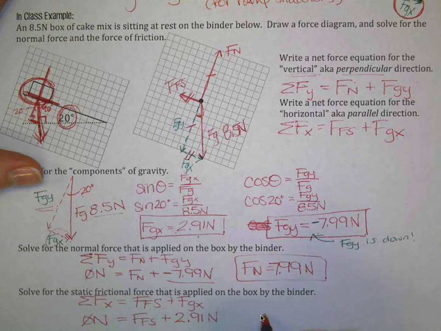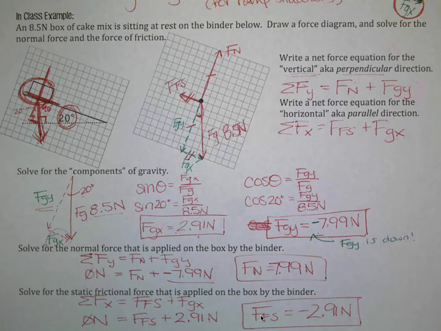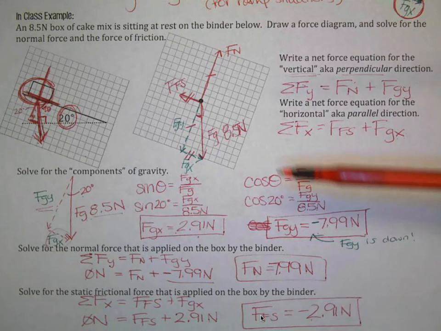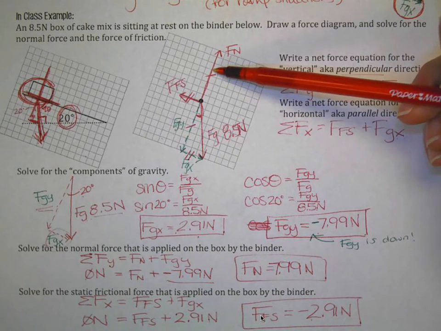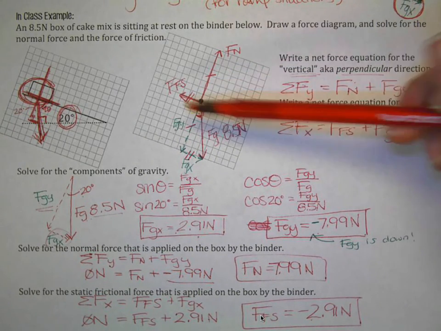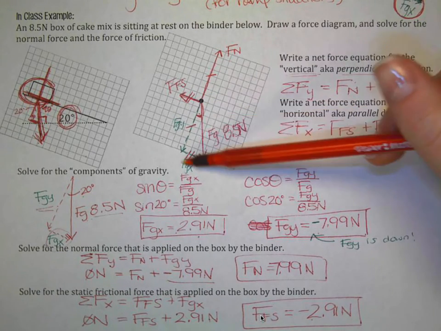Subtract over, and your static frictional force is negative 2.91 newtons. So as you can see, from here on out, it was still the same solving problem method as we had used before, but instead of breaking Fn and FFS into components, we're only breaking gravity into its components.